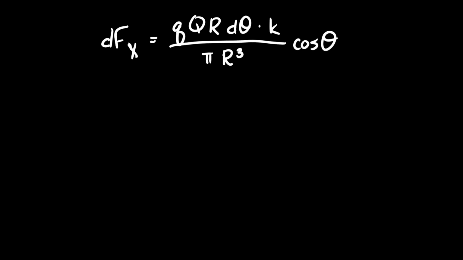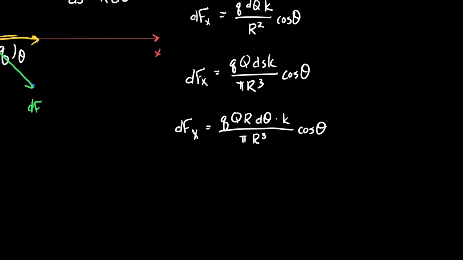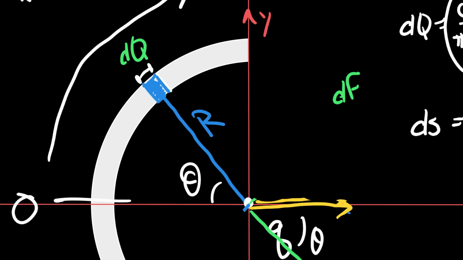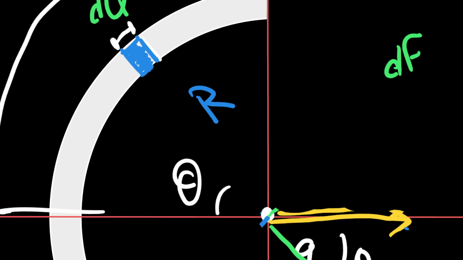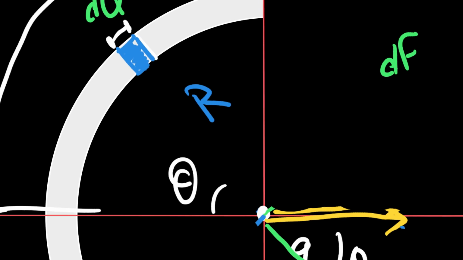Yeah. Is d theta just the angle where the charge is? D theta actually would be this. I'll draw it better because I can't say I've done a great job with this. Theta would be what I would consider to be the start here.